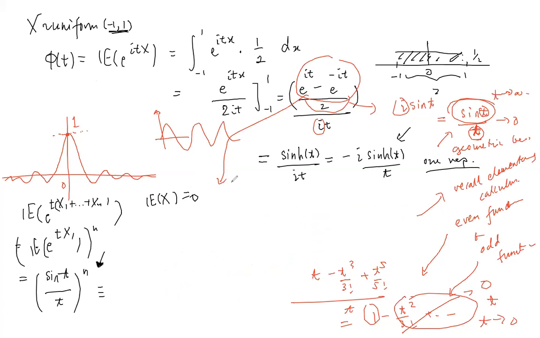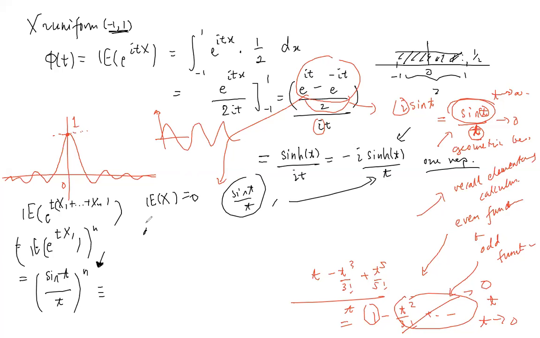So we already know the mean is 0. We can use the characteristic function a little bit just to verify it. You can either use the sine t over t or this form. Okay, let's try this one.